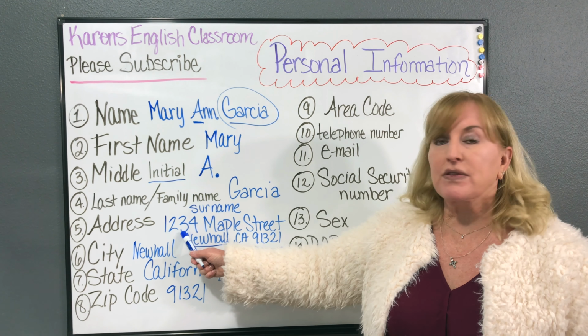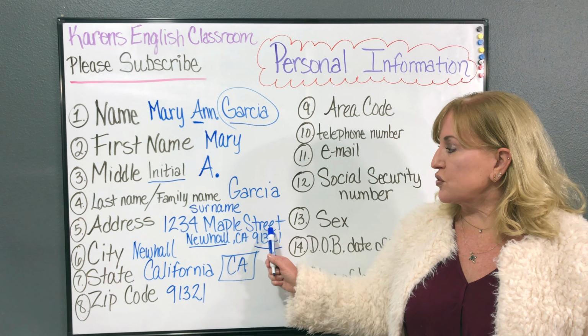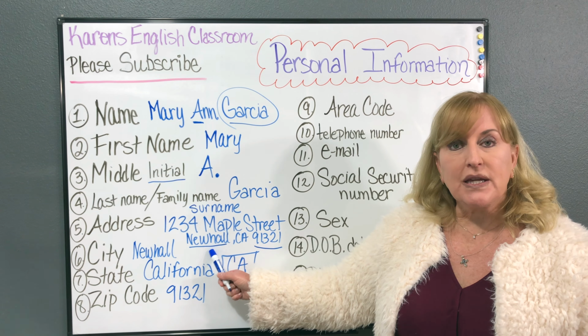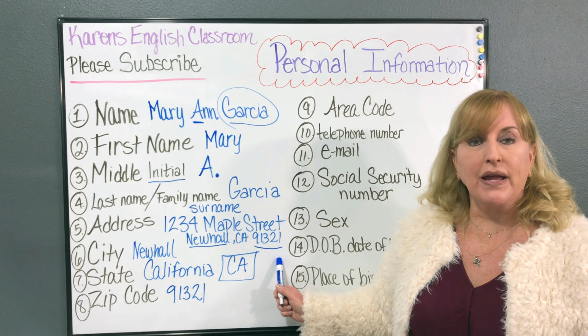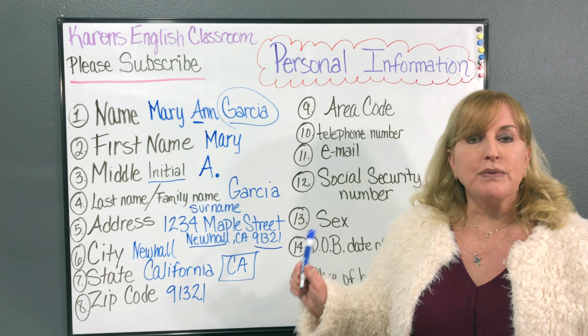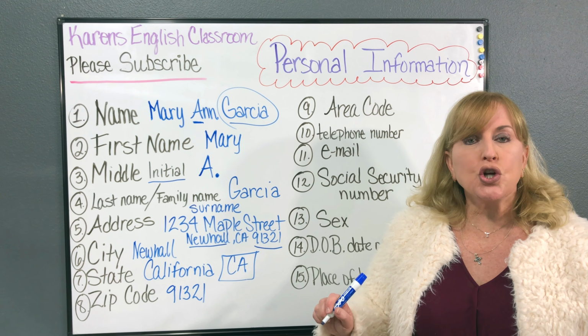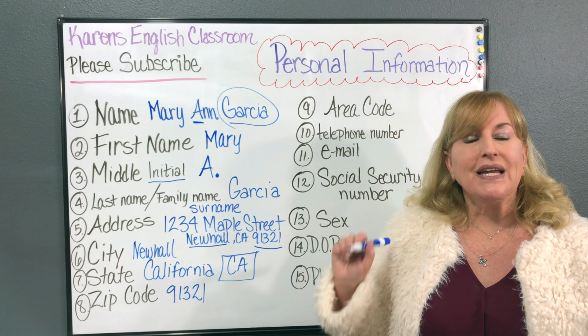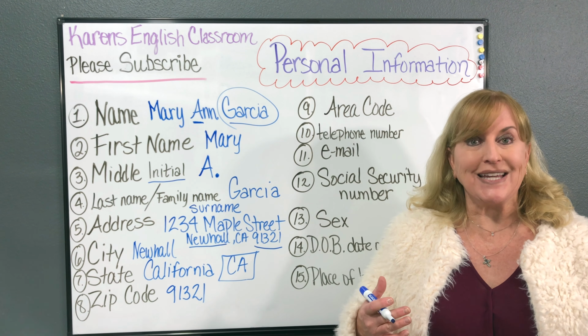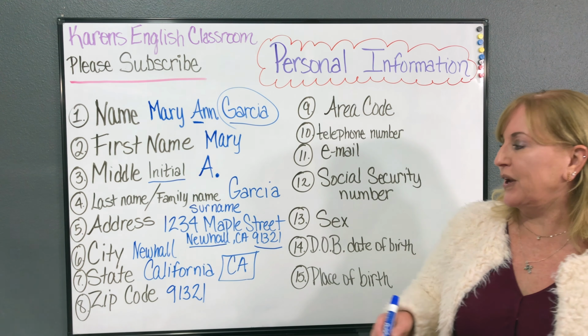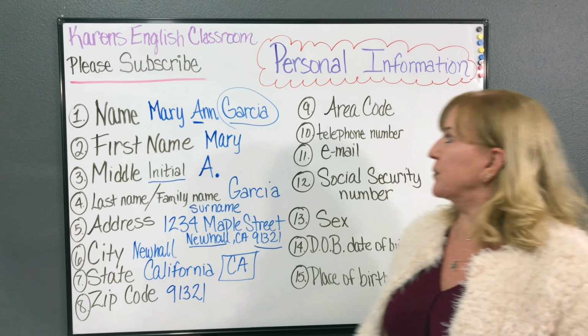So you need to have the number, your street name, the city, the state, and the zip code. Whatever they ask for, you need to be complete, and make sure when you write, it's very neat. Someone, when they look at it, they're like, oh, okay, I can see it. All right, very good.